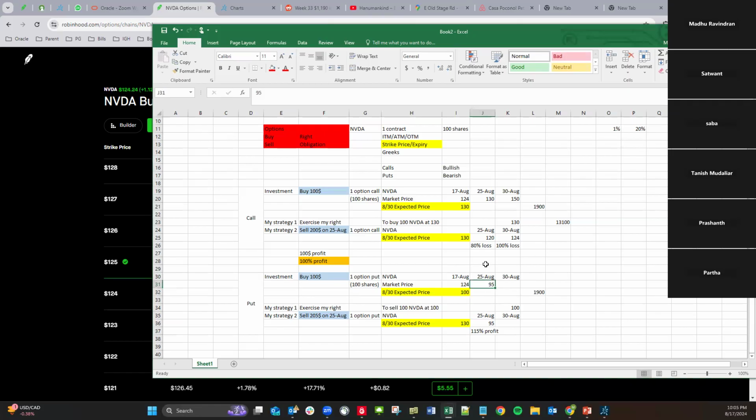Which means, again, the same capital thing that we discussed about, right? If you want to exercise your right to buy in the case of call as well, you need that capital because you have to buy the shares for 130. So technically 13,000 is what you need as capital.